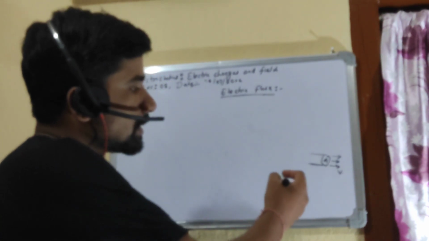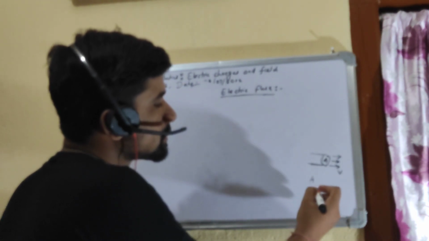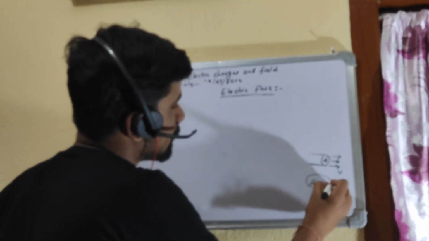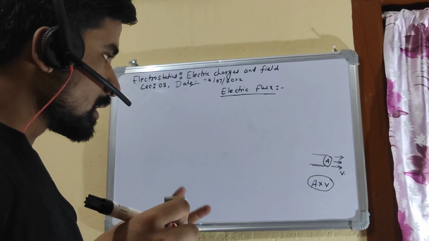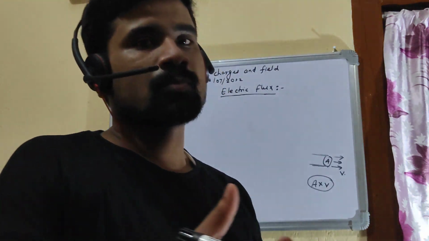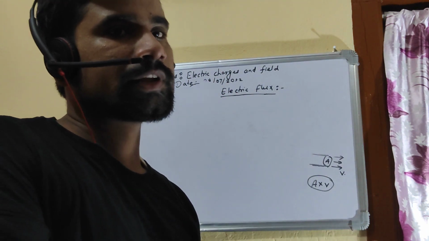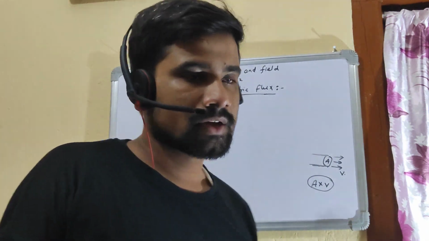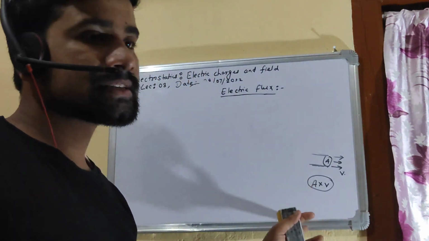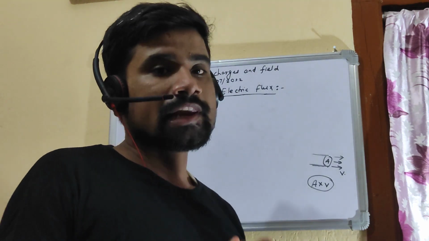We know that the net volume of liquid flowing per second is given by area into velocity, right? Area into velocity. So if area is higher, we can supply more liquid per second, right? Or if velocity is higher, the same way around, right? So this indicates the rate of flow of liquid, right?